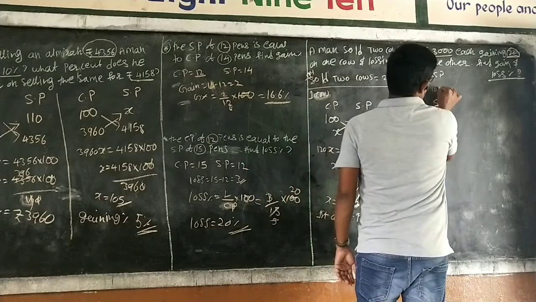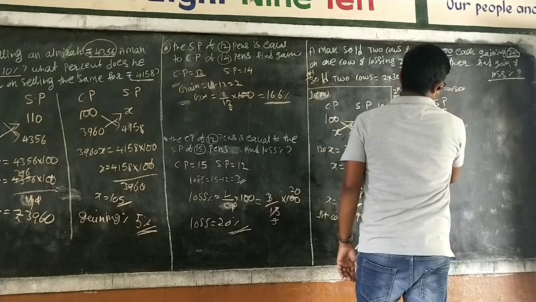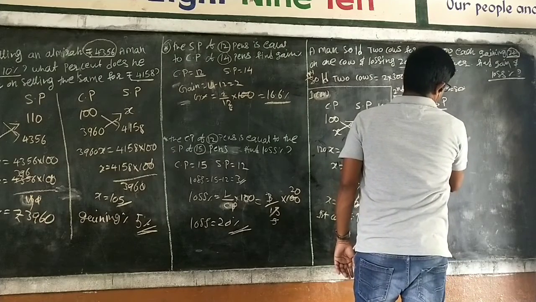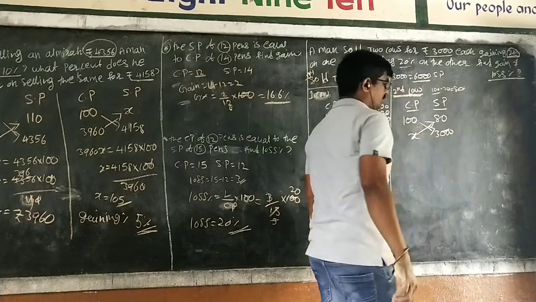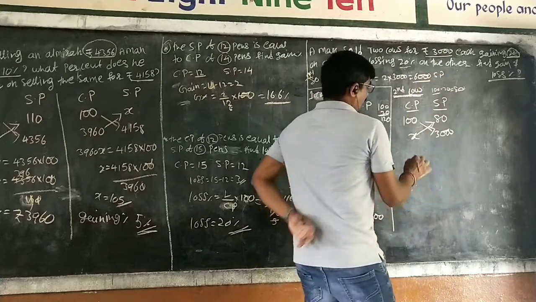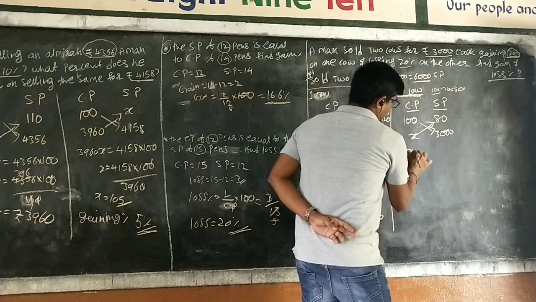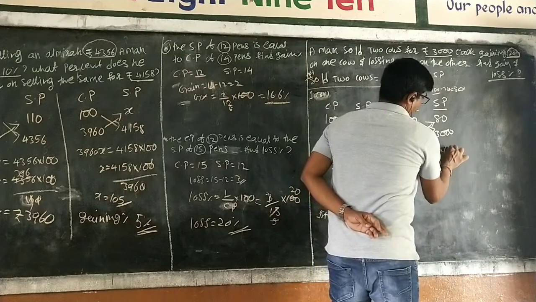That is equal to 100 minus 20, that is 80 percent. Selling price is each one 3,000. Therefore, 80 into x is equal to 3,000 into 100.